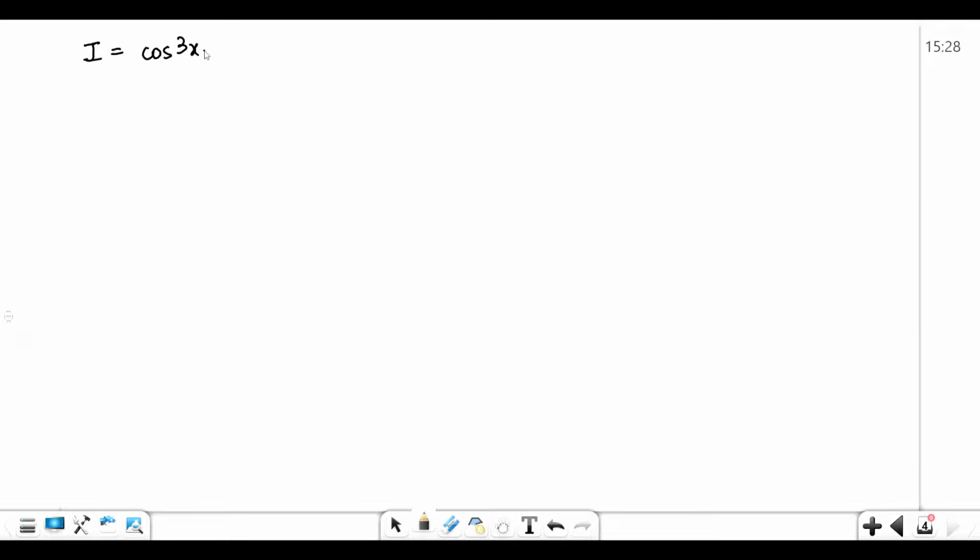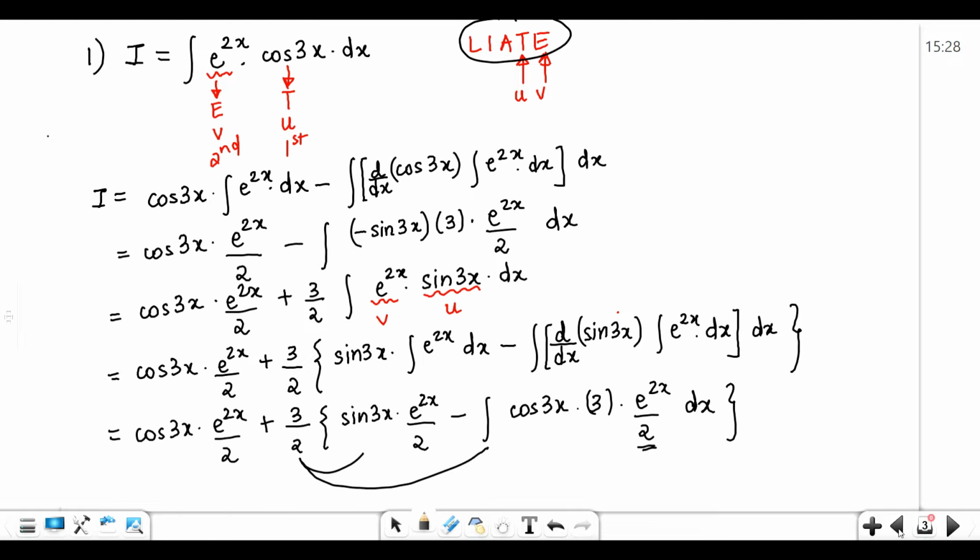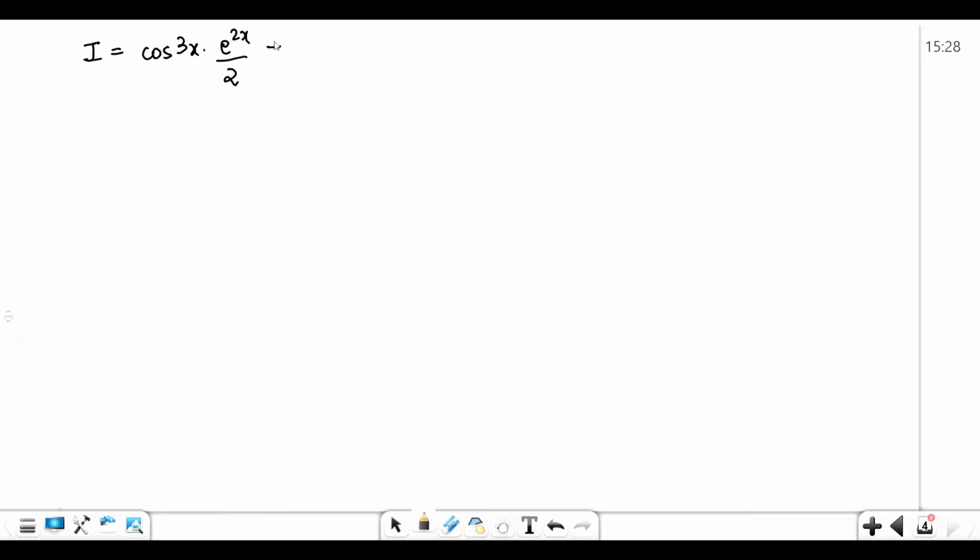cos 3x e raised to 2x upon 2. Now we'll multiply this 3 by 2 inside, so that becomes 3 by 2 multiplied by sine 3x e raised to 2x upon 2, that will give you 3 by 4 sine 3x multiplied by e raised to 2x.